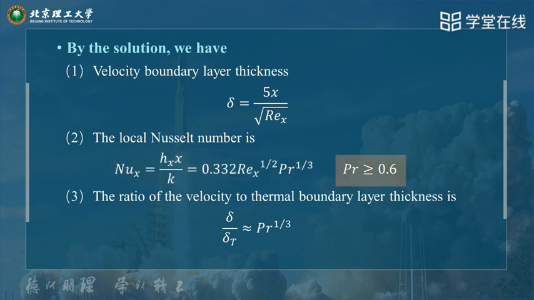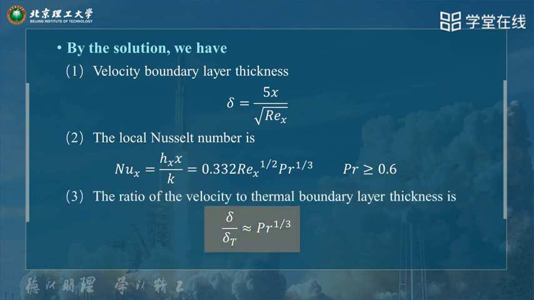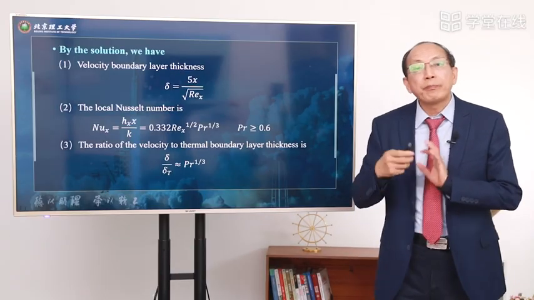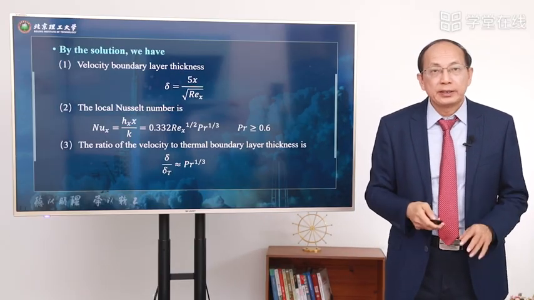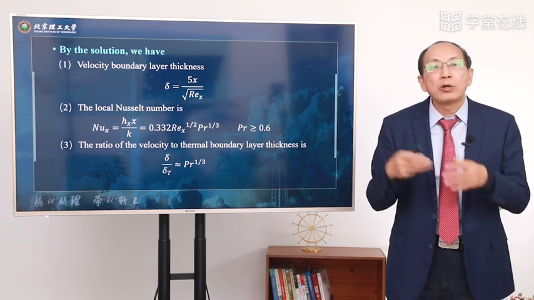Another condition is that the Prandtl number is larger than 0.6. The third, the ratio of the velocity to thermal boundary layer thickness, delta over delta T, is similar to Prandtl number power 1 over 3. With this equation we can calculate to obtain delta or delta T.